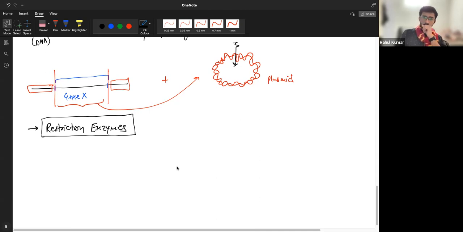You can write down: the process of making multiple identical copies of any DNA sequence or a piece of DNA or a gene, anything you can write.